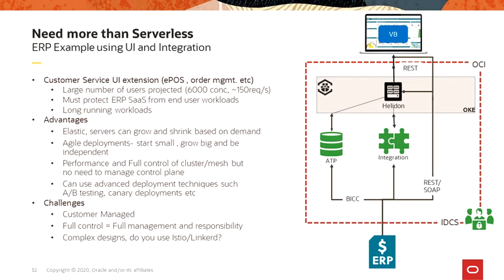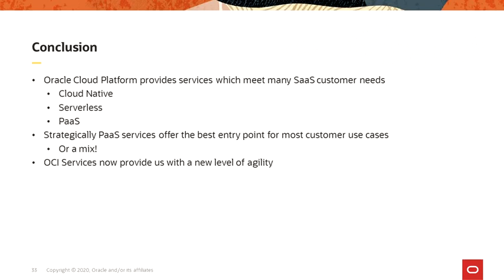ATP isn't, Integration Cloud isn't, and Kubernetes itself, the control planes are not. Oracle manages those. But there's a lot of other stuff that you need to manage. That gives you a huge amount of control and a huge amount of management to go with it as well. You can do everything, but it was an example and a use case that we could actually reference. So we come to the very end of the slide deck.